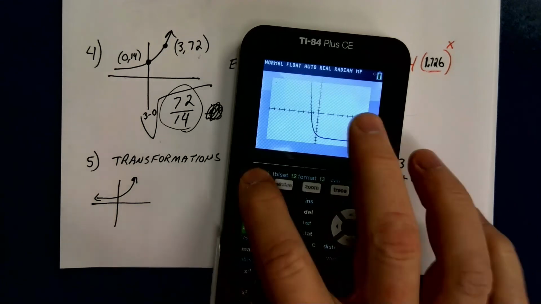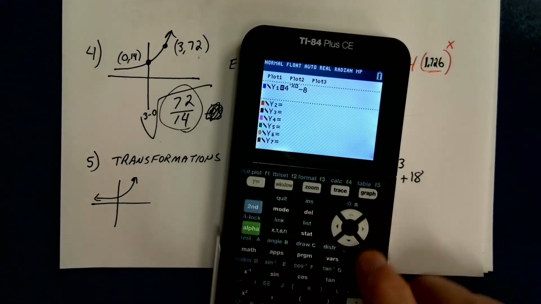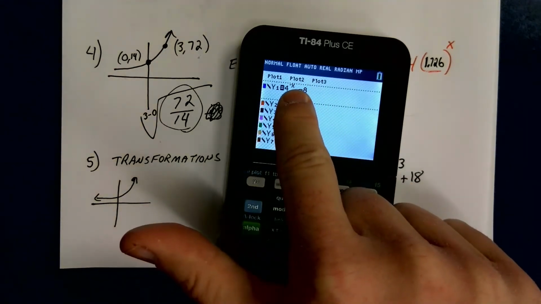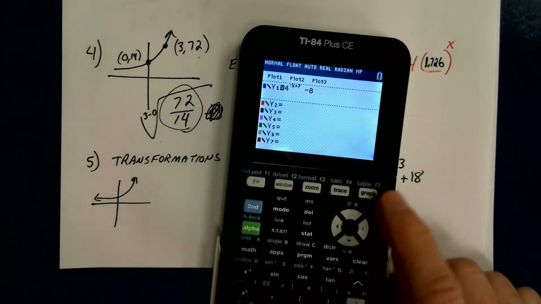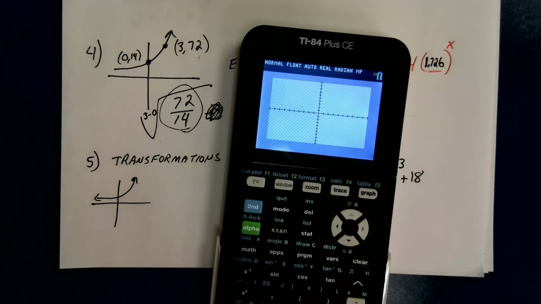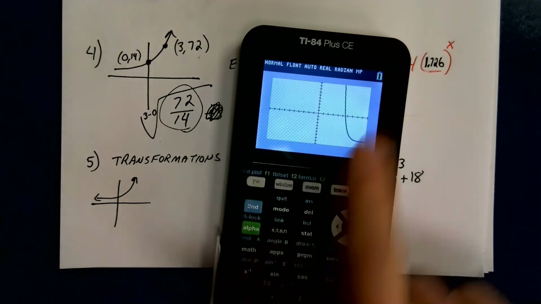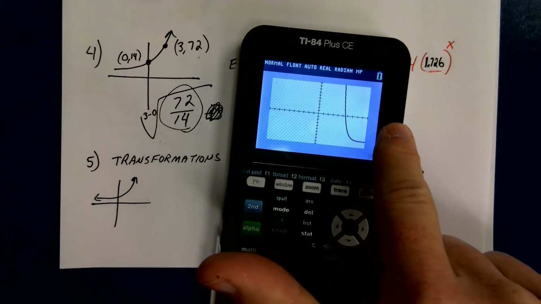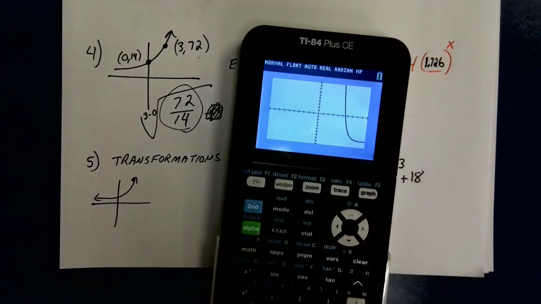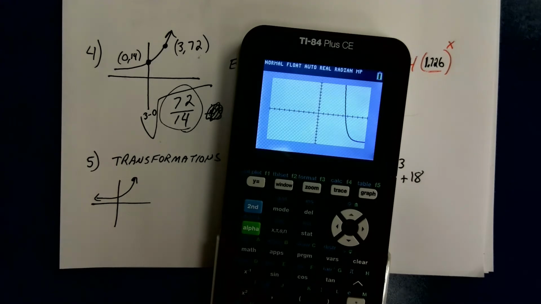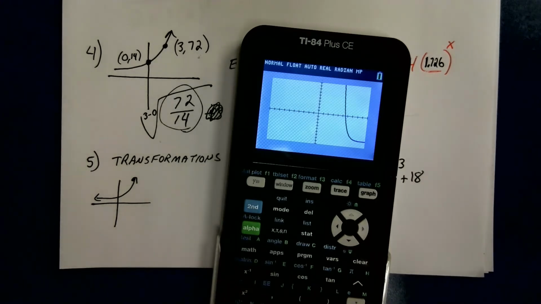So now the question is, how do I move it left and right? So I'm going to do a little shift right up here by the x. So let's do like a +7 and hit graph. And now you can see that that moved it all the way over here to the right. And you're looking at like, wait, what? Isn't it supposed to always go the opposite of that?